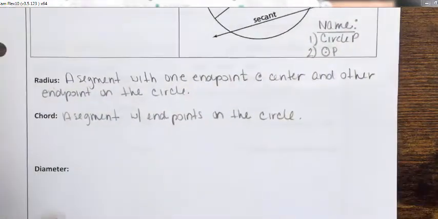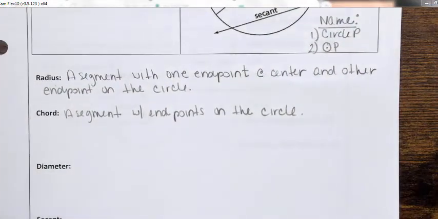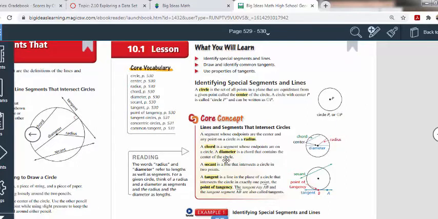Let's see what they say for diameter. A diameter is a chord that contains the center of the circle. They're actually using the previous definition, chord, because it's a segment whose endpoints are on the circle, to describe a diameter as a chord that goes through the center of a circle.